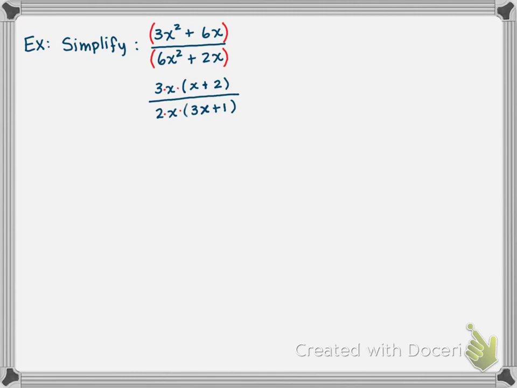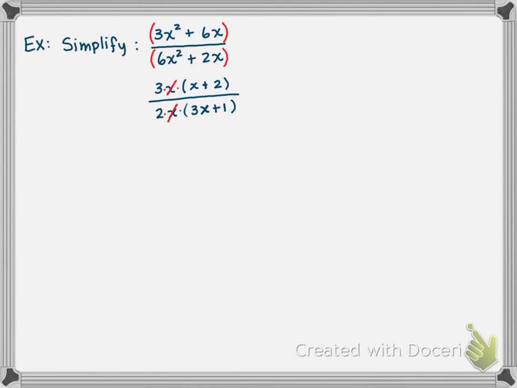Because yesterday, remember, we were like, oh, we can think of 2x as a single factor because it didn't affect the solutions to our equation. But here, we want to think of 2 and x as separate factors because these do have a factor of x in common, but we can't cancel off the entire 3x and the entire 2x, right? Because the 3 and the 2 aren't the same. So we do have to separate those factors in this case so that we can cancel just the ones that are the same. So x divided by x is 1.